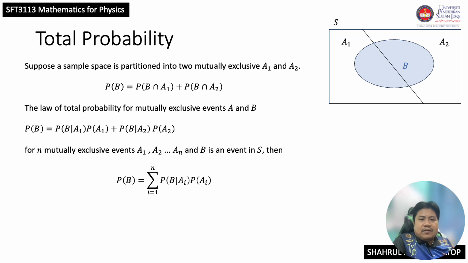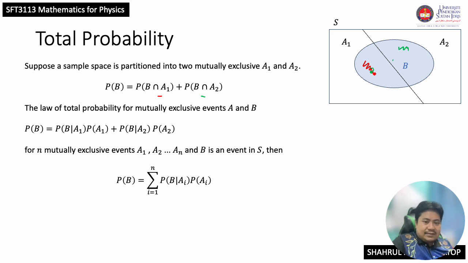So the probability of B is the probability of this area plus this area.